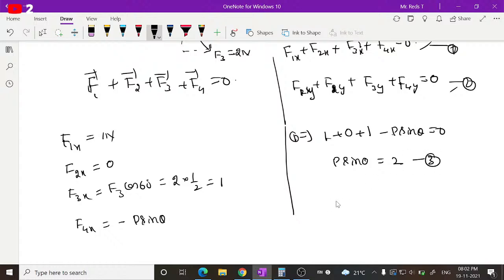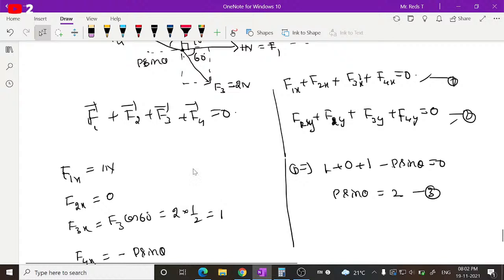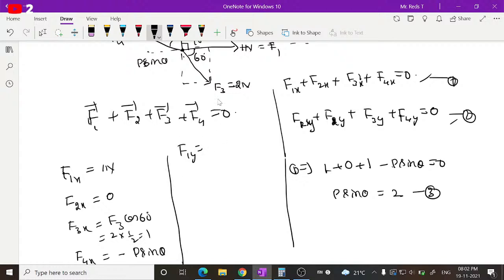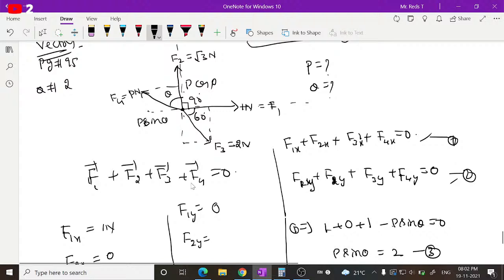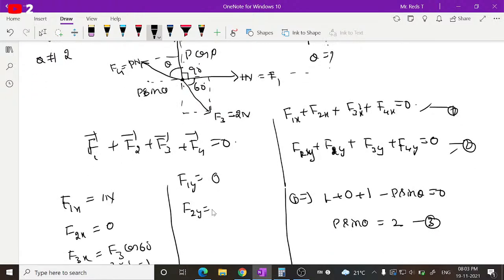Got it? Next, to satisfy the second equation, you have to take the y components of all. So f3 is 2 into 1 by 2, equal to 1. Now the y components: f1y, because the first vector is acting only along the x direction, its y component will be 0. The second vector is acting only along the y direction, so f2y is its magnitude, root 3.